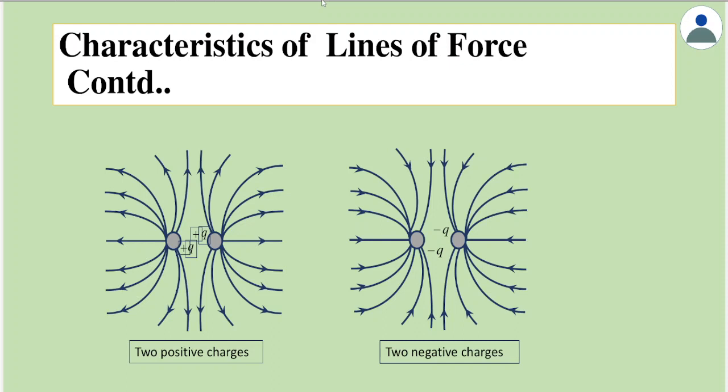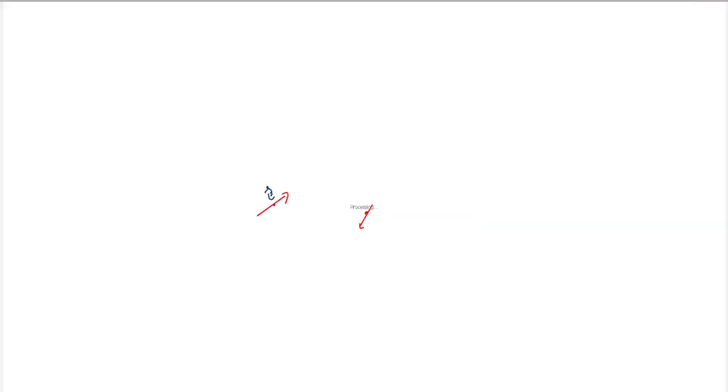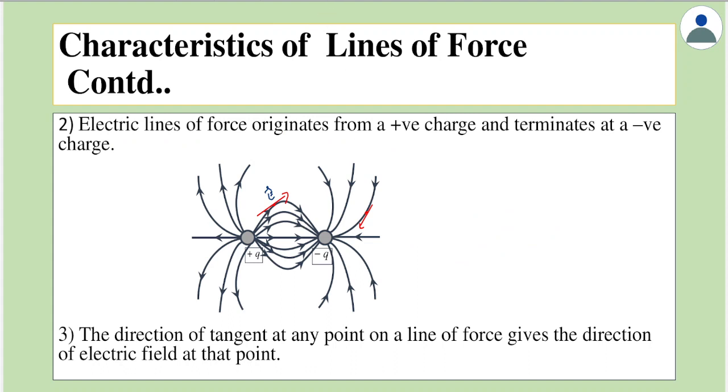Now we will look at some configurations. In this case, if you assume that the charges are of the same magnitude, as given here, plus q and minus q, and if the distance between them is very small, then this configuration is called a dipole.